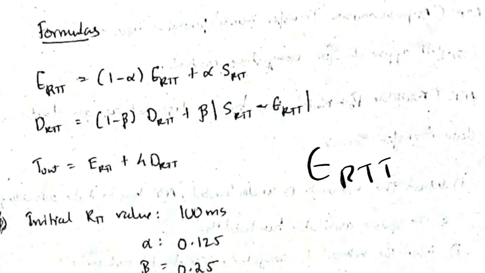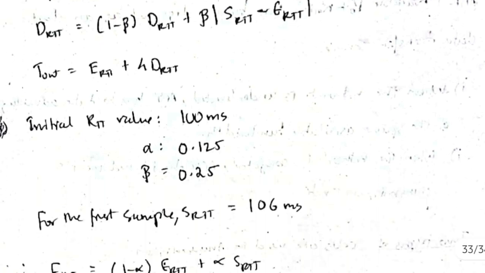ERTT, estimated round trip time. The formula is ERTT is equal to (1 minus alpha) into the previous RTT plus alpha into SRTT. The initial RTT value is 100 ms and alpha is equal to 0.125 and beta is equal to 0.25.